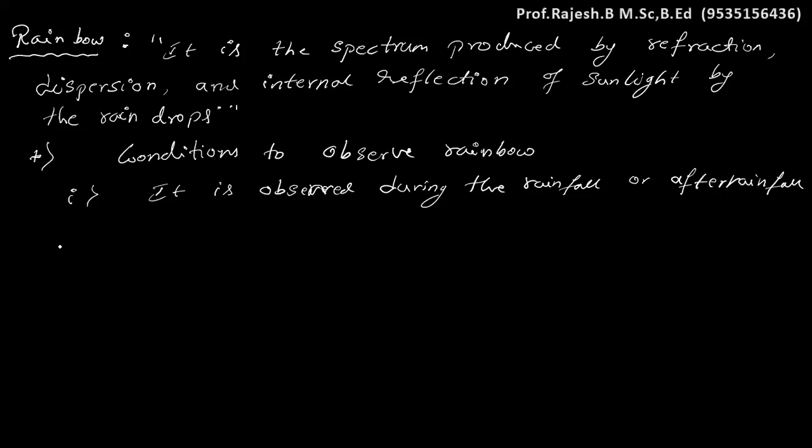The second condition is that the sun should be shining in one part of the sky. If there is no sun, whether it is rainfall or after rainfall, the rainbow will not be seen. The sun should be shining in one part of the sky.